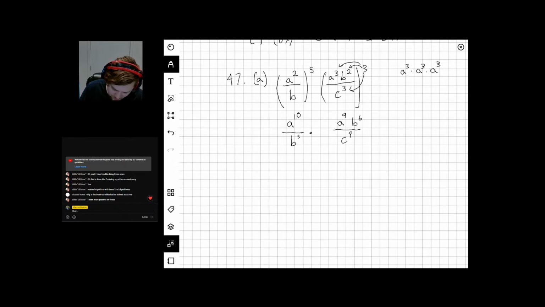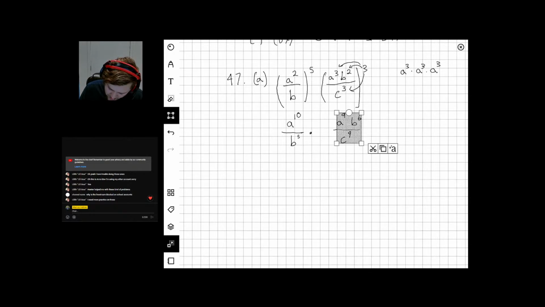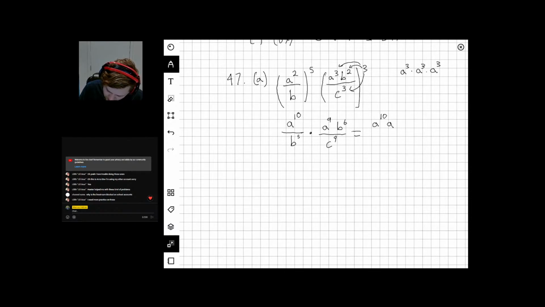But then what I'm left with here is a fraction times a fraction, and I can just multiply straight across. So I'm going to get a10, a9, b6, b5, c9.